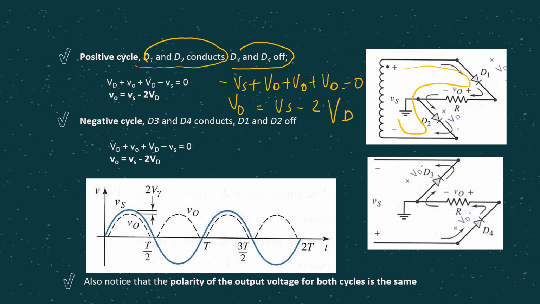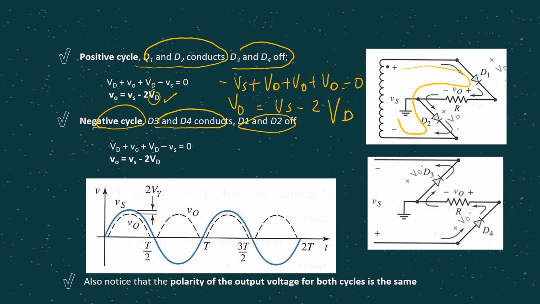It's the same thing here. Remember, Vd can be the three models. It can be 0, it can be equal to V gamma, or it can be V gamma as well as the voltage across the Rf. When we consider the negative half cycle, it's just the same thing. But now D3 and D4 will conduct, will be on, and obviously D1 and D2 will be off.